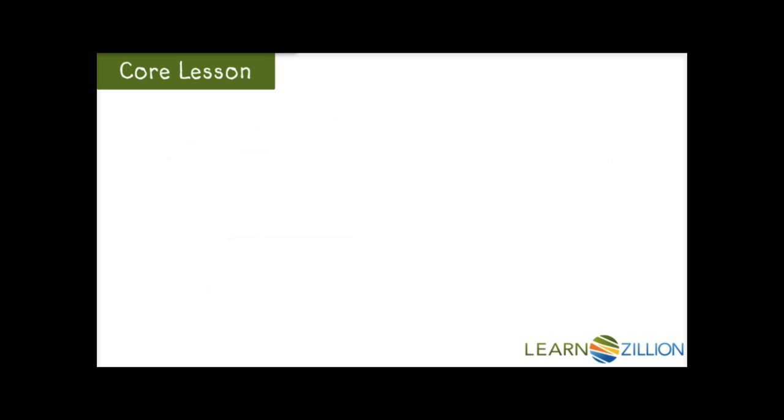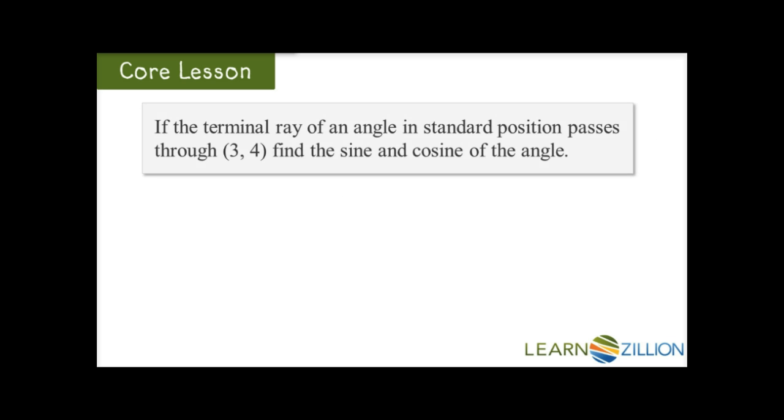Now let's look at an example. If the terminal ray of an angle in standard position passes through the point (3, 4), find the sine and the cosine of the angle. Notice that we were given x and y. All we need is r, which is the hypotenuse of our reference triangle.